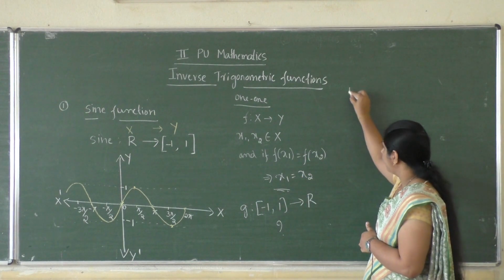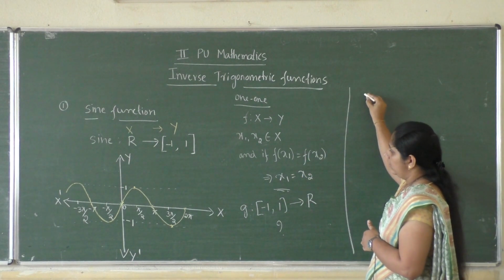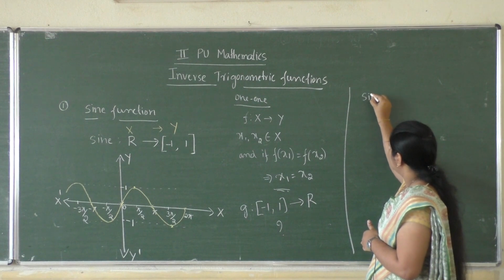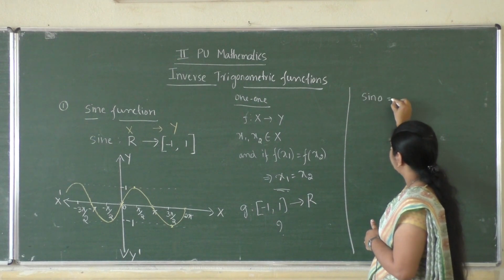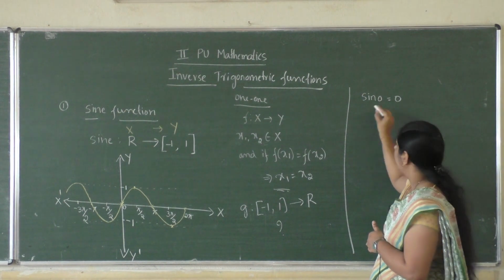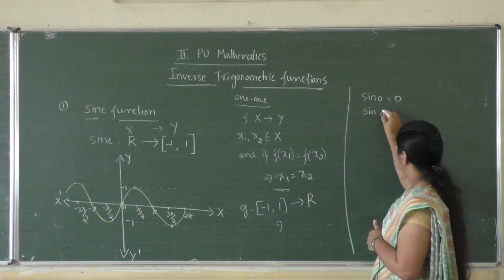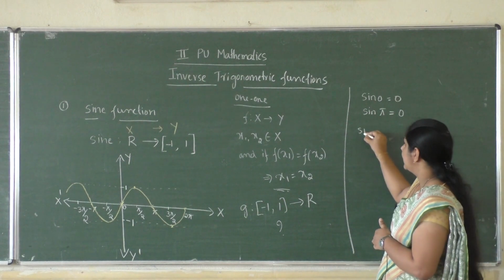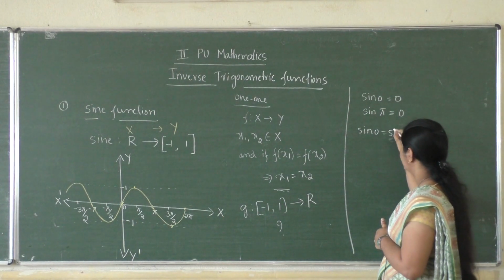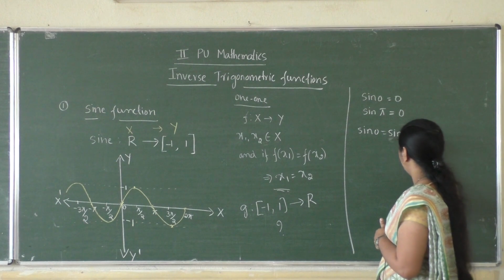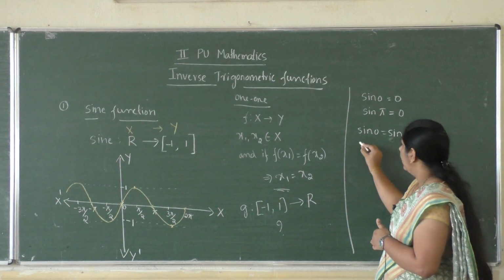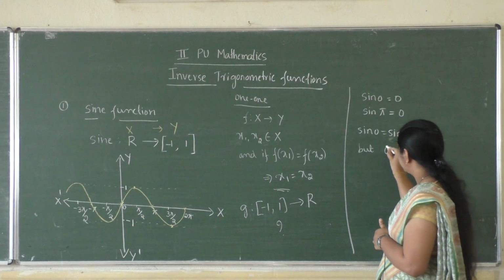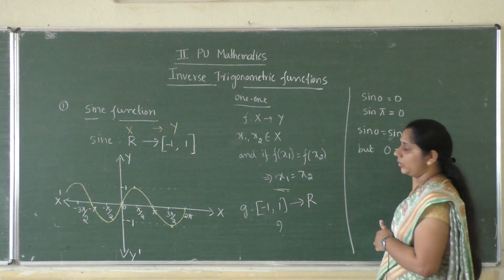See here, sine 0, what is the value of sine 0? 0, correct? Again, what is the value of sine pi? Again 0. See here, sine 0 is equal to sine pi, right? Both are equal to 0. But is 0 equal to pi? No, right?